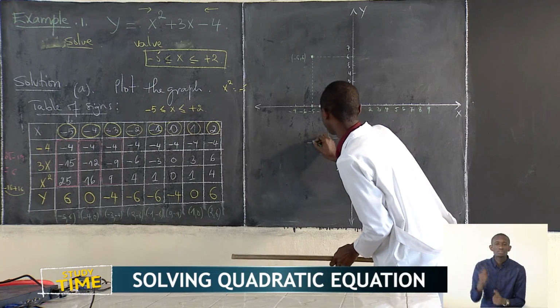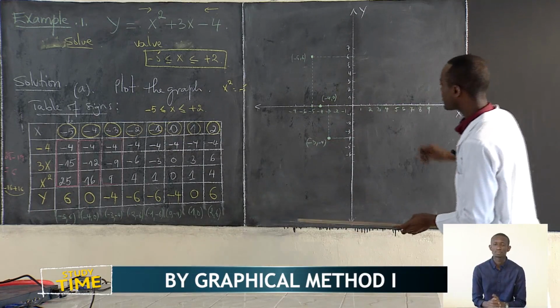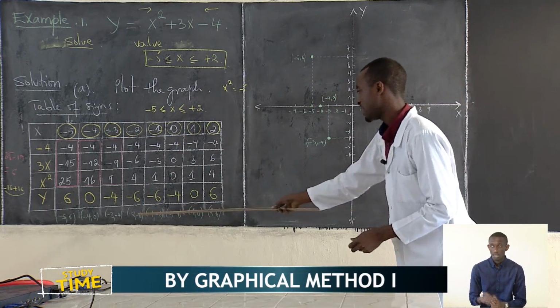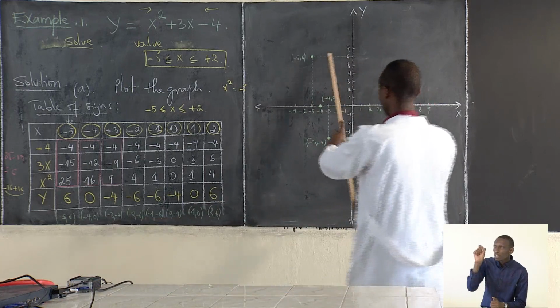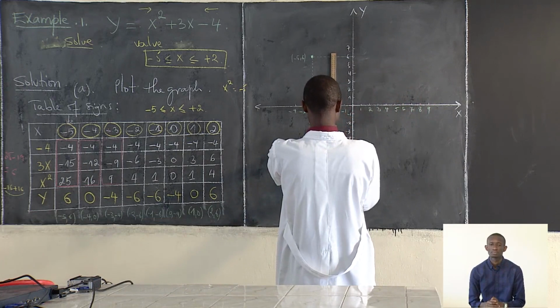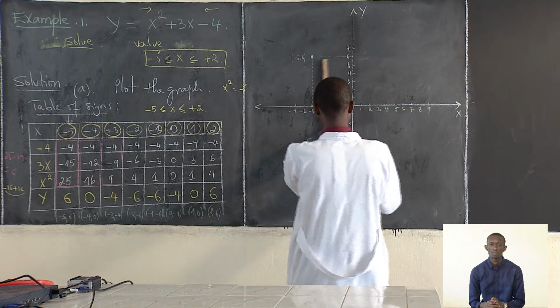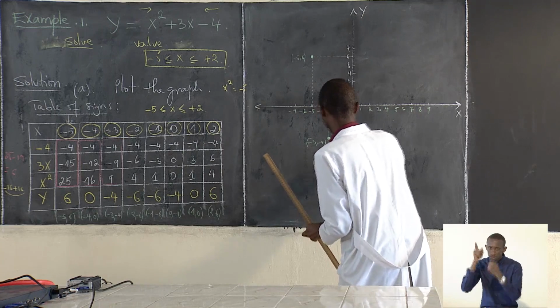This point is -3 and -4. Have you seen it? And also the other point is -2 and -6. -2 and -6 is here. -2 and -6 is there.